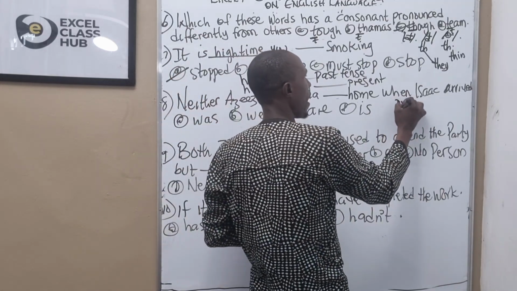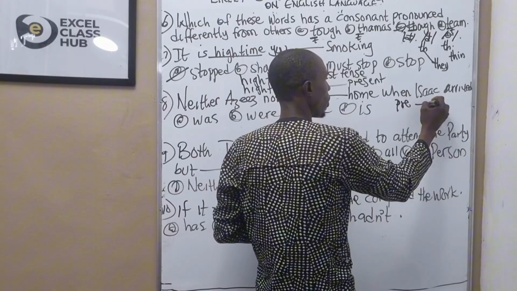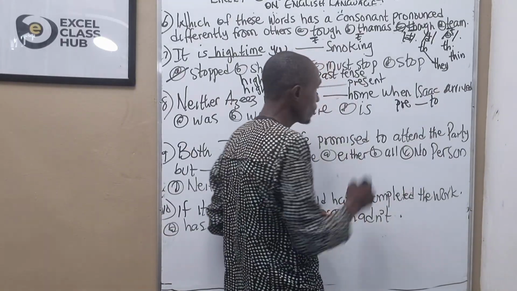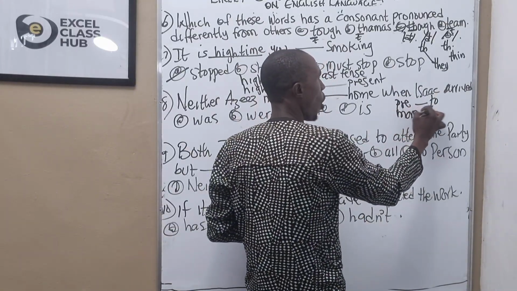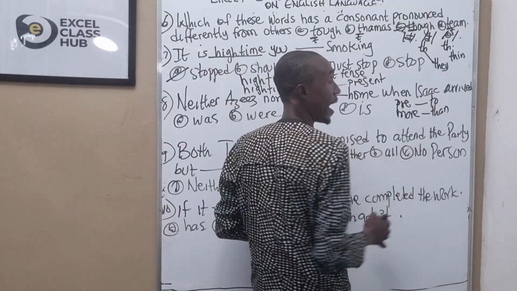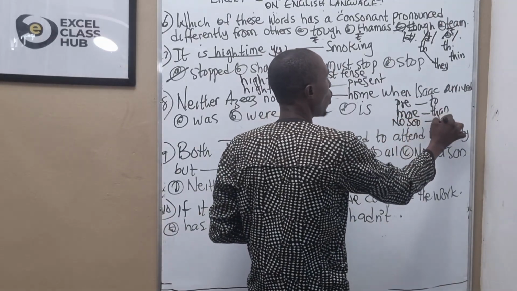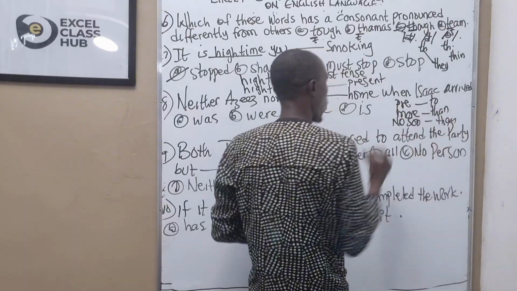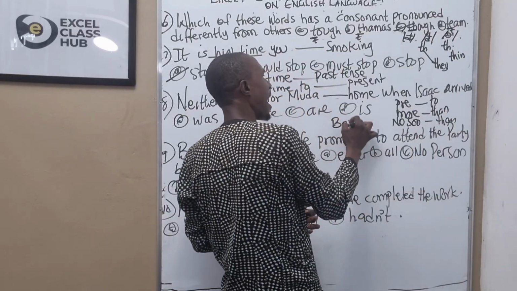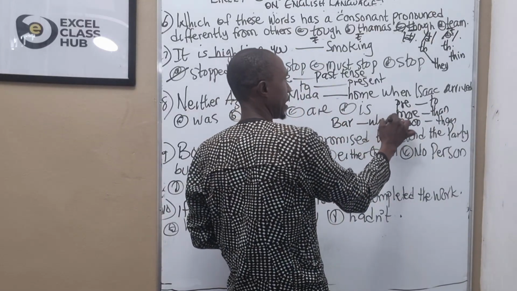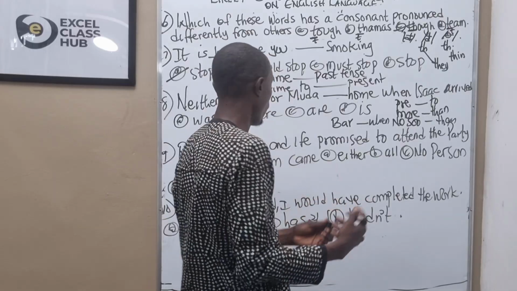Whenever you use "prefer", it must go with what? "To". Whenever you use "more", it goes with what? "Than". Whenever you use "no sooner had", it goes with what? "Than". Whenever you use "barely had", it goes with what? "When". And so on and so forth.